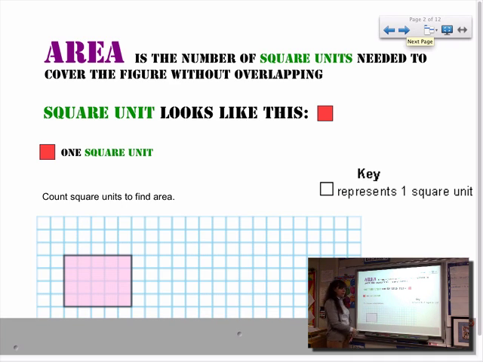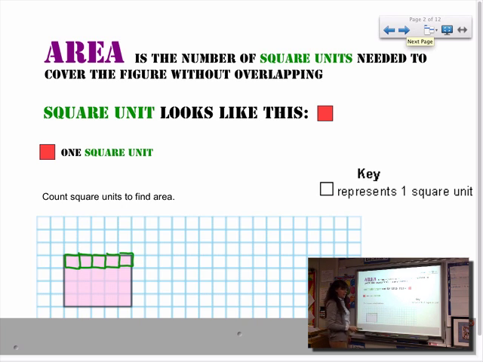For example, we're looking here at a rectangle on a piece of grid paper. And we are asked to count square units to find area. Well, the way that we would count the square units is we would look at our grid and we would see that this is 1 square unit, this is another square unit, here's a 3rd square unit, and a 4th, and a 5th.